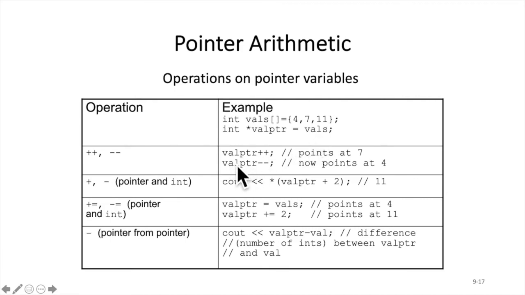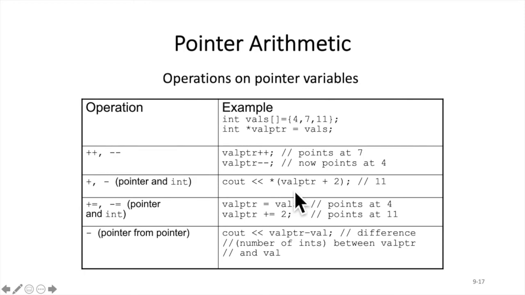If we do the operation valsPtr plus plus, it refers to the next address of the element in the array vals. The next element is 7, so it points to 7. And then we have valsPtr minus minus. Now it points back to the first element, because, let's say this address is 001, the first element is 001, and then we add 1, it goes to 002, and then we minus back, and we go back to 4.